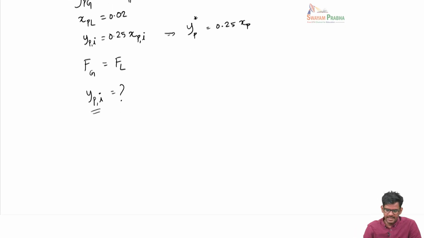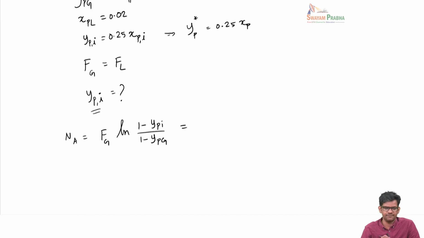First, we will write NA. The expression for NA is F times ln of (1 minus YAI) by (1 minus YAG). Here I am putting the suffix G, referring to the gas phase F coefficient.